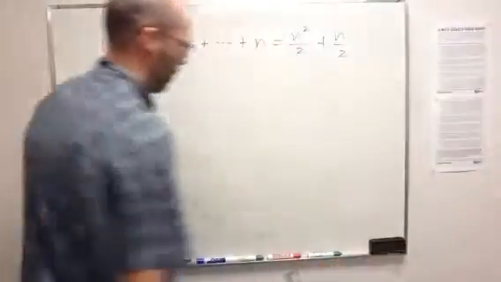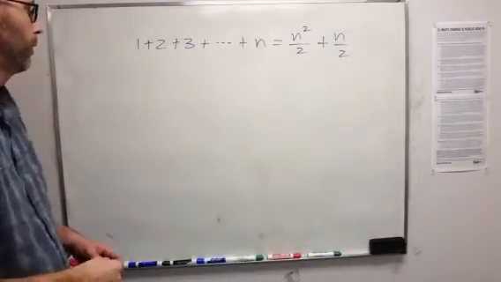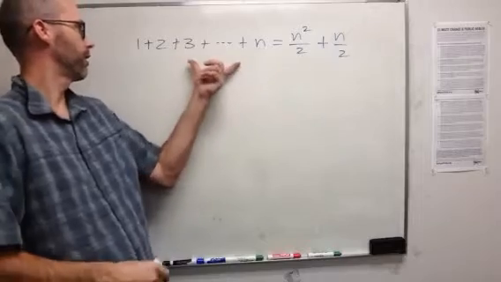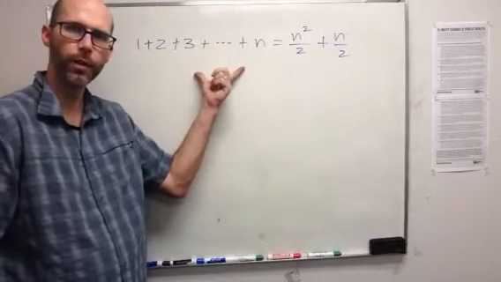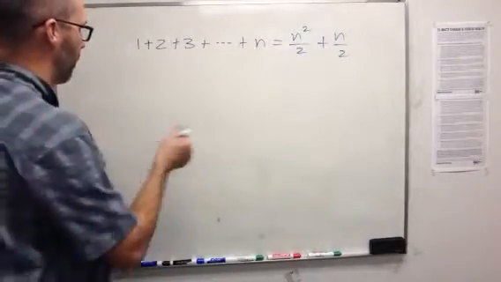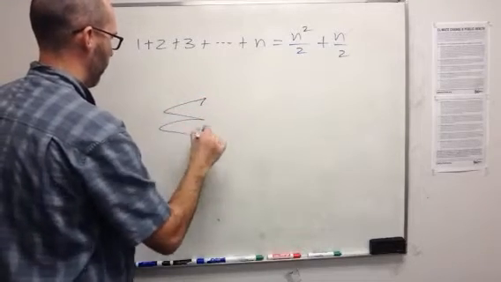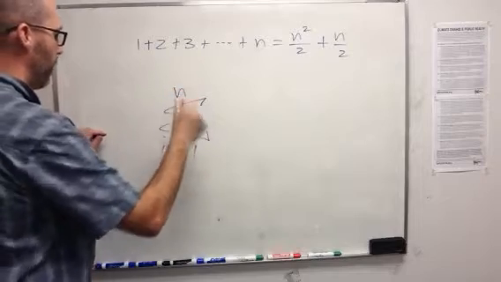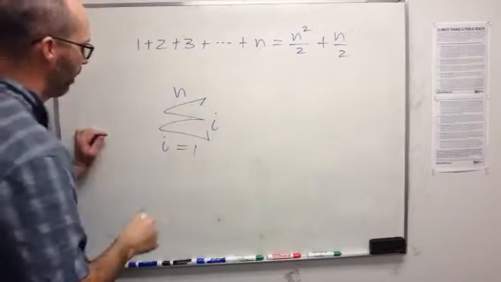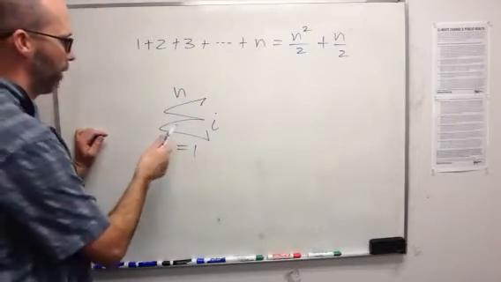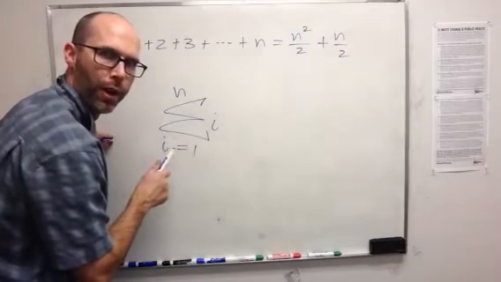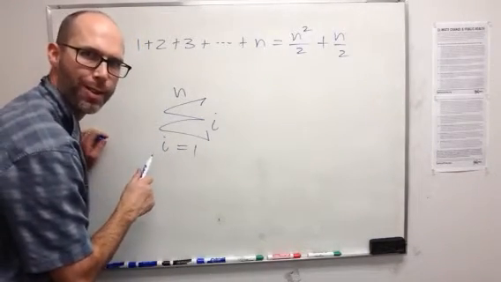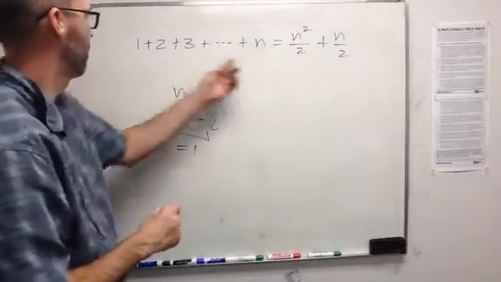Okay, so this is kind of bad notation here. The better notation for this would be something like the sum from i equals 1 to n of i. But you're not going to learn this until Calc 2, and I don't want to spend too much time on it, so we're going to use this notation here.